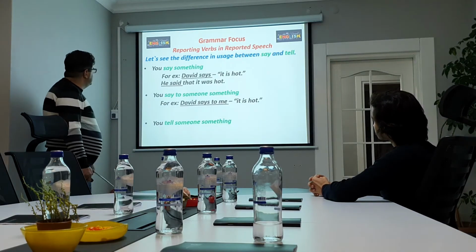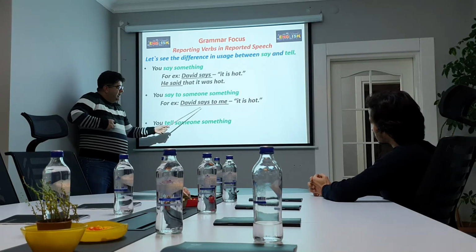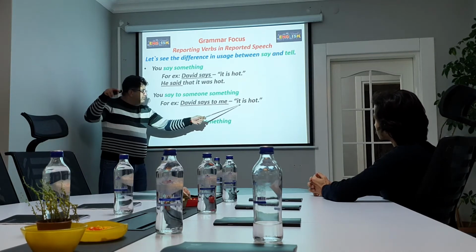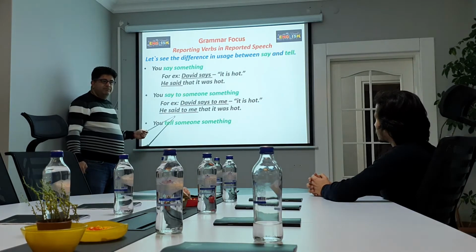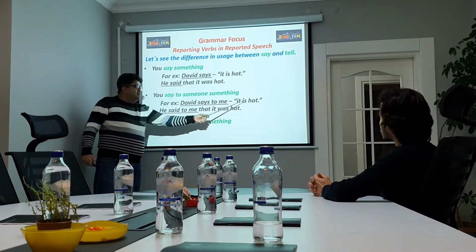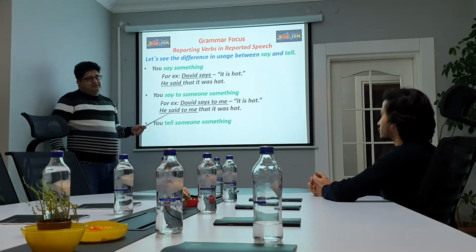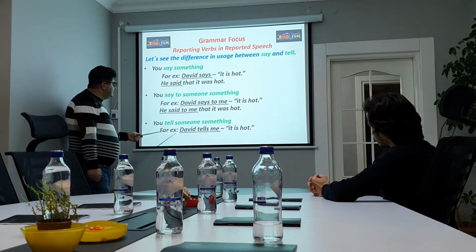What about this? David says to me, in quotation marks, "It's hot." In indirect form, he said to me that it was hot. Why? Because I have to make it one past. Okay?